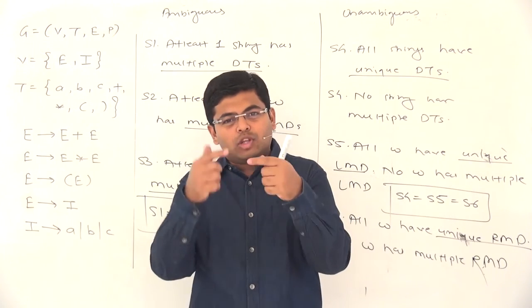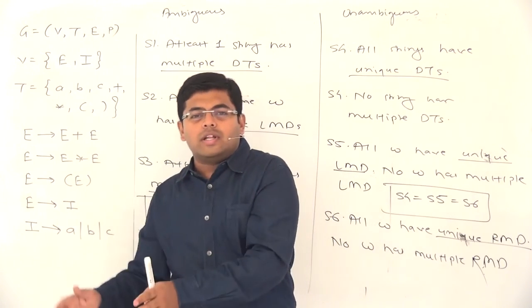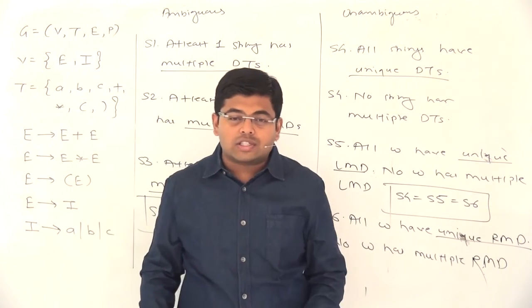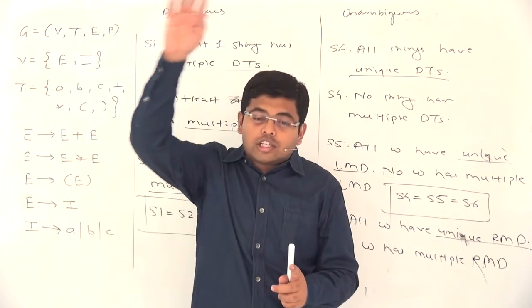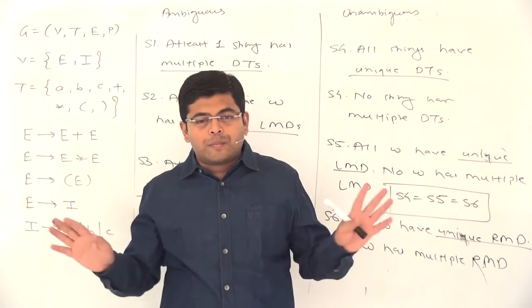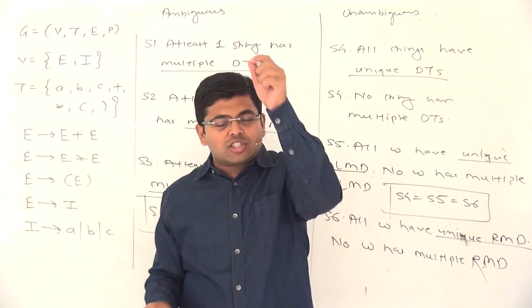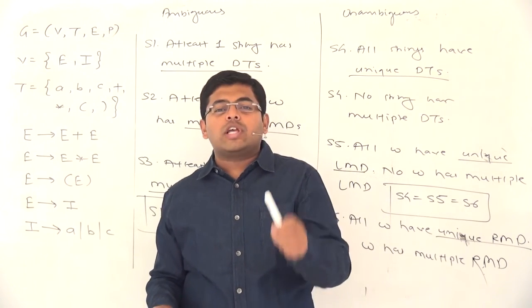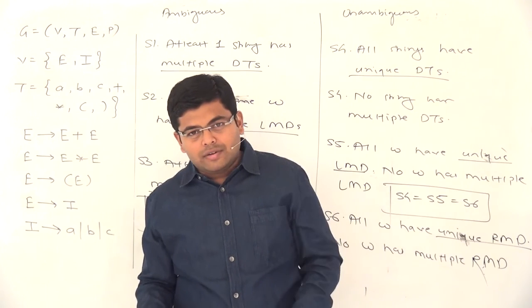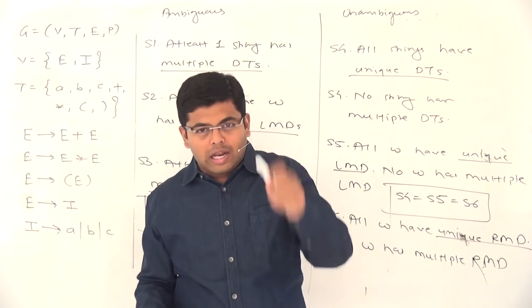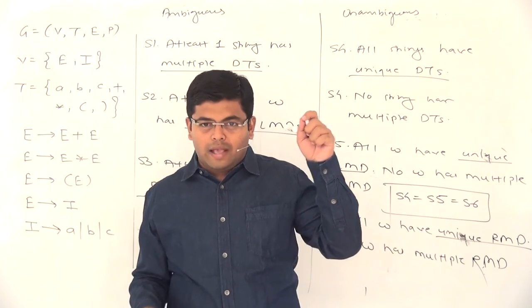Even if you come up with one string which has multiple derivations, that would suffice. It is not that all the strings must have multiple derivations, no. You need to come up with at least one string which has multiple LMDs or multiple RMDs.